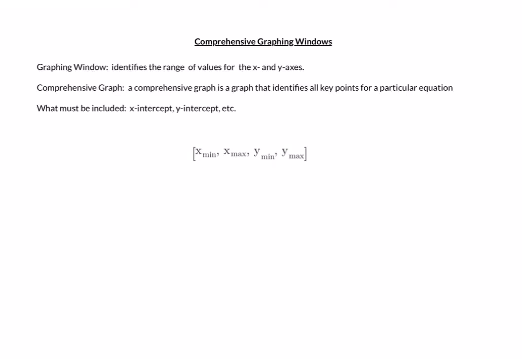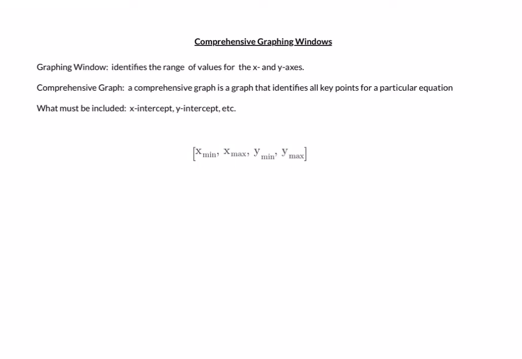So, if you've already done the homework, you've probably seen a notation where you have 4 numbers inside a set of square brackets. So let's talk about what each number means. The first 2 are the numbers that are associated with your x-axis.